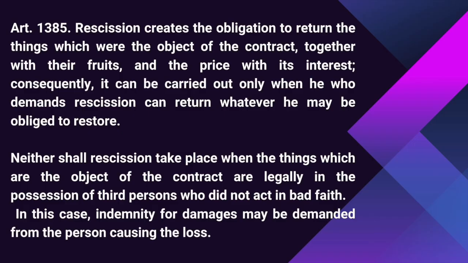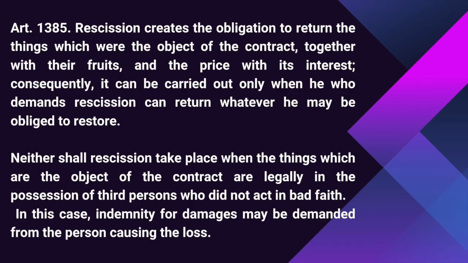So 1385 says rescission creates the obligation to return the things which were the object of the contract together with their fruits and the price with its interest. Consequently, it can be carried out only when he who demands rescission can return whatever he may be obliged to restore. So you cannot ask for rescission if you can no longer restore or return what you have received by virtue of the contract. Second paragraph, neither shall rescission take place when the things which are the object of the contract are legally in the possession of third parties who did not act in bad faith.